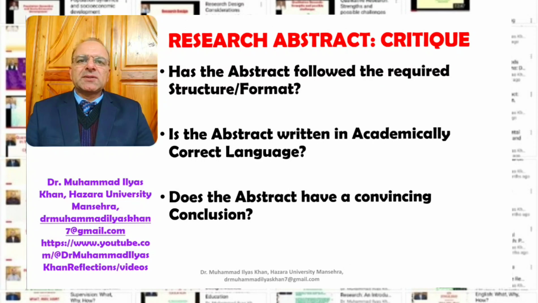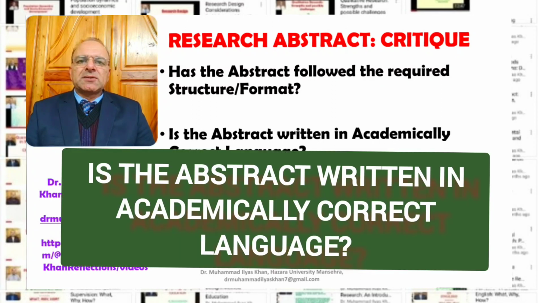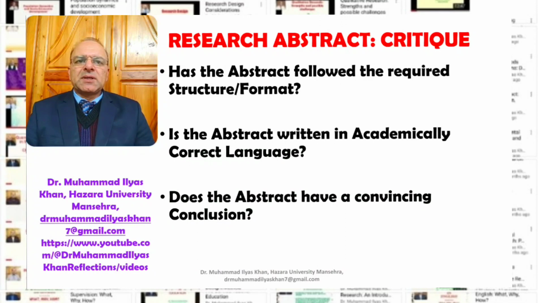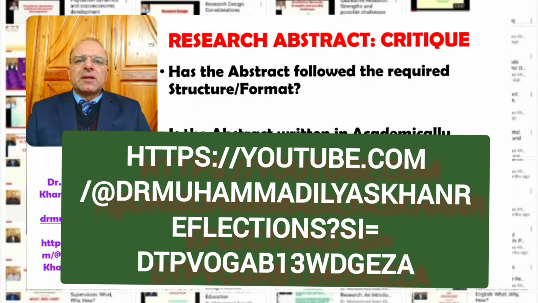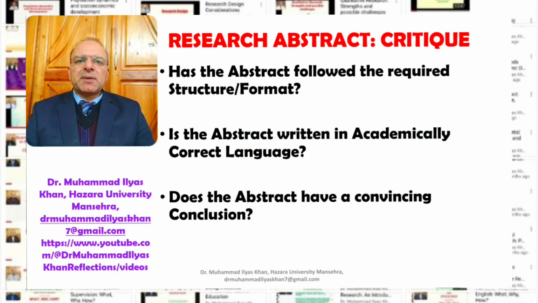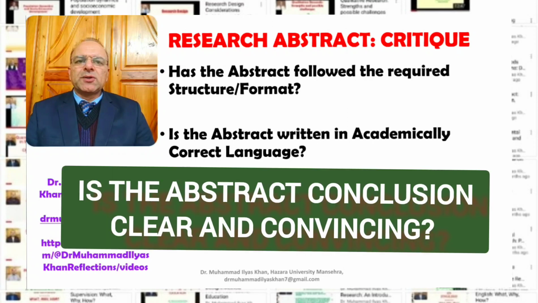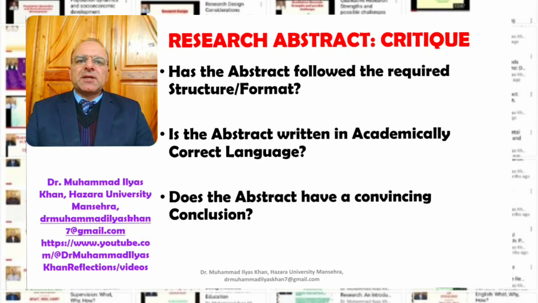In some cases, if the abstract is related to a thesis, the format and structure is generally judged in the light of the structure or format given by the particular education institution or the university.